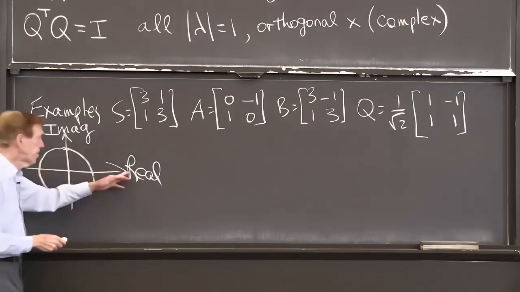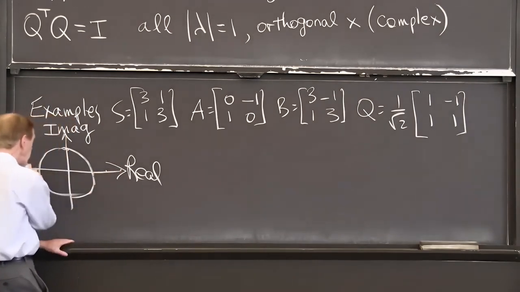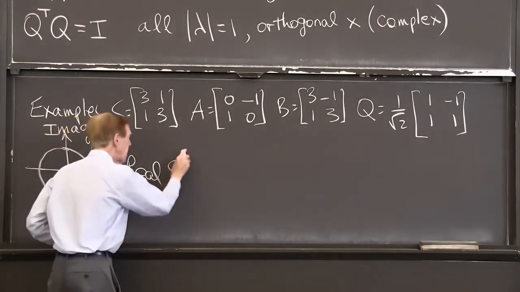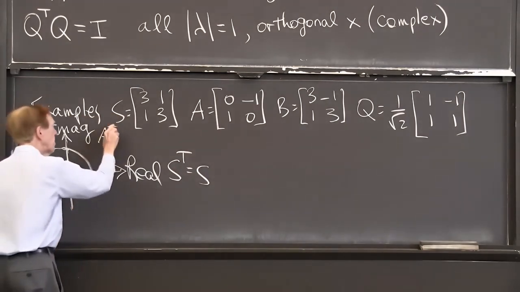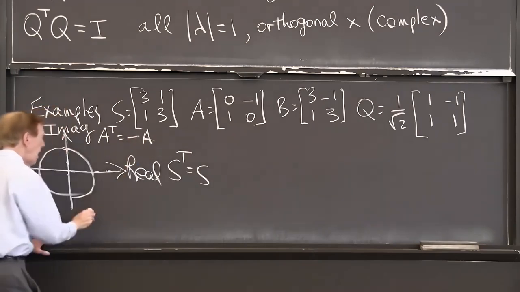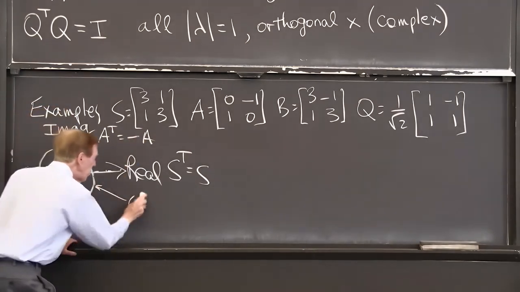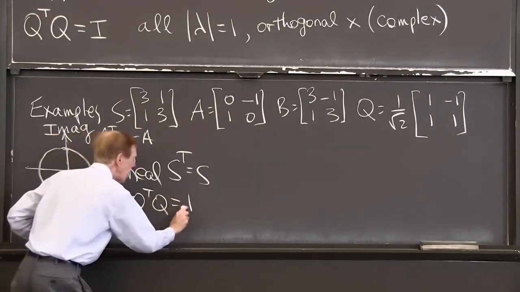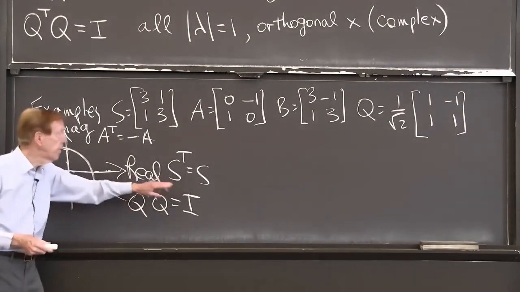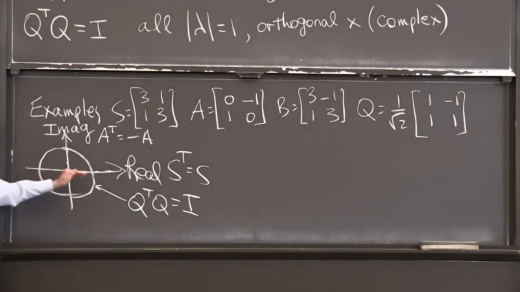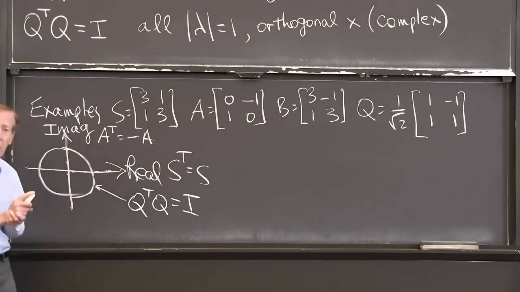Now, eigenvalues are on the real axis when S transpose equals S. They're on the imaginary axis when A transpose equals minus A. And they're on the unit circle when Q transpose Q is the identity. Q transpose is Q inverse in this case. Here the transpose is the matrix. Here the transpose is minus the matrix. And you see the beautiful picture of where the eigenvalues are. And the eigenvectors for all of those are orthogonal.